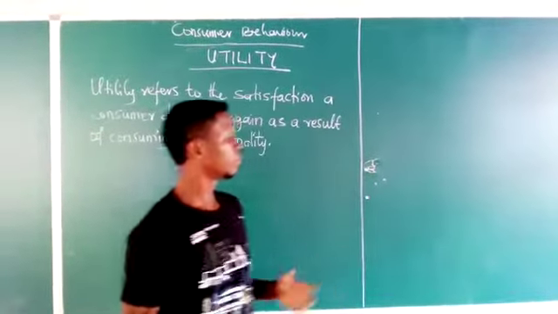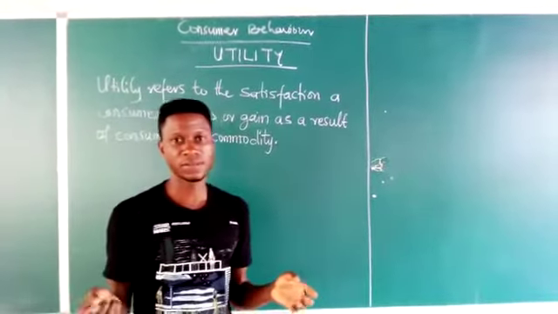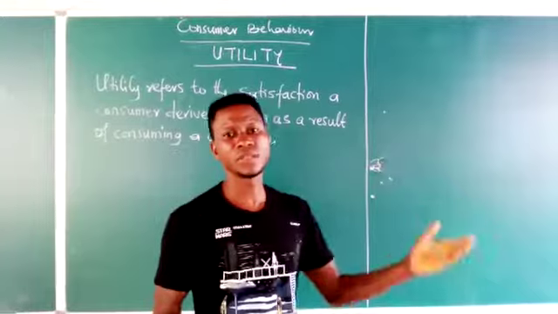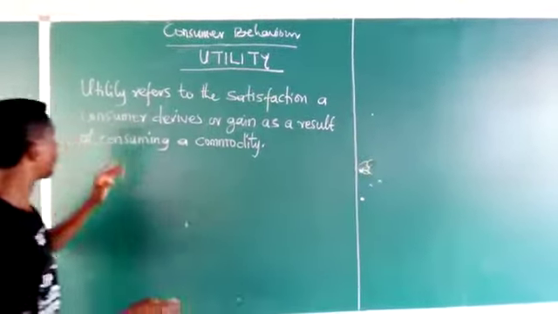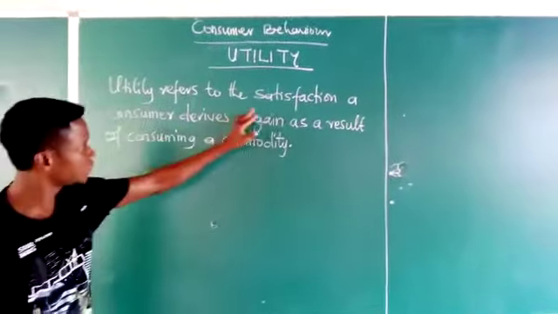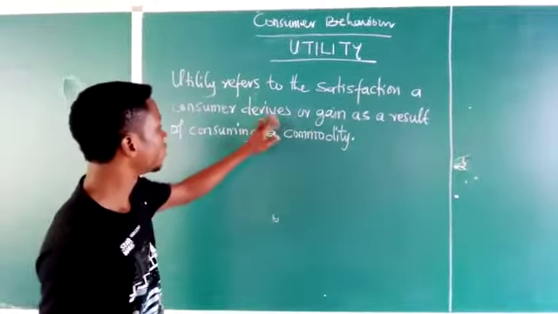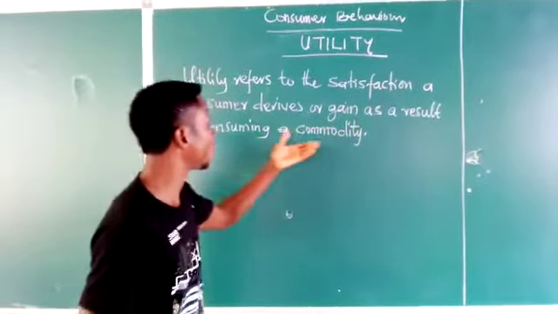Okay, so utility simply means satisfaction. And how do you get the satisfaction? From consuming an item or a commodity. So by definition, we said utility refers to the satisfaction a consumer or consumers derive or gain as a result of consuming a commodity.